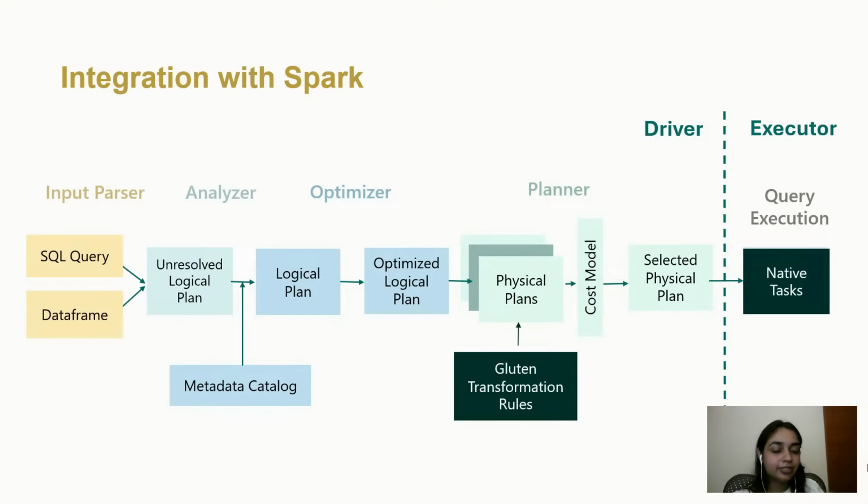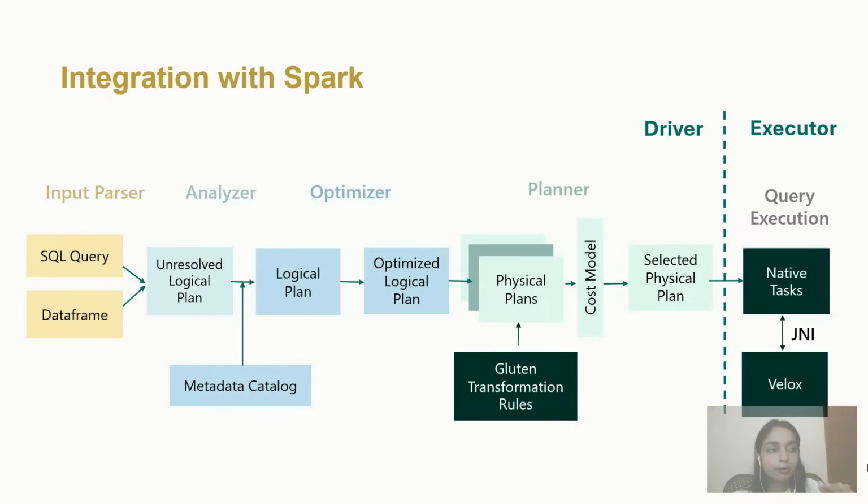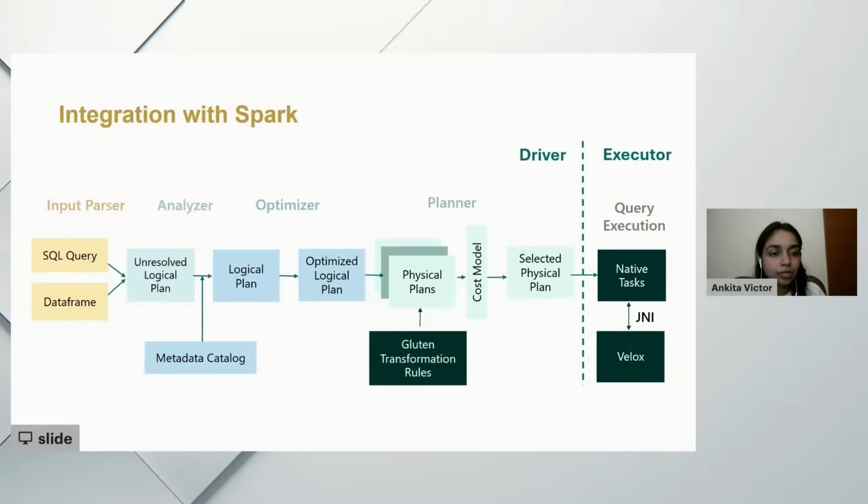So Gluten takes in a physical plan, applies a bunch of transformation rules, which essentially tries to say where exactly can I execute some operation in the plan in native. And instead of having regular tasks which are executed in Java, you now have these native tasks which are sent down to Velox, executed in the Velox library. And all of this, the data transfers, the instructions, all of this happens through the Java native interface.